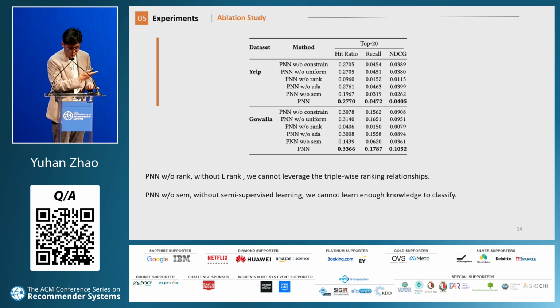Without L ranking, we can't leverage the triple-wise ranking relations. And the second one is PNN without semi-supervised learning. If we don't use the semi-supervised learning, we have no information to classify the unlabeled data. So I want to highlight these 2 points of the ablation study.